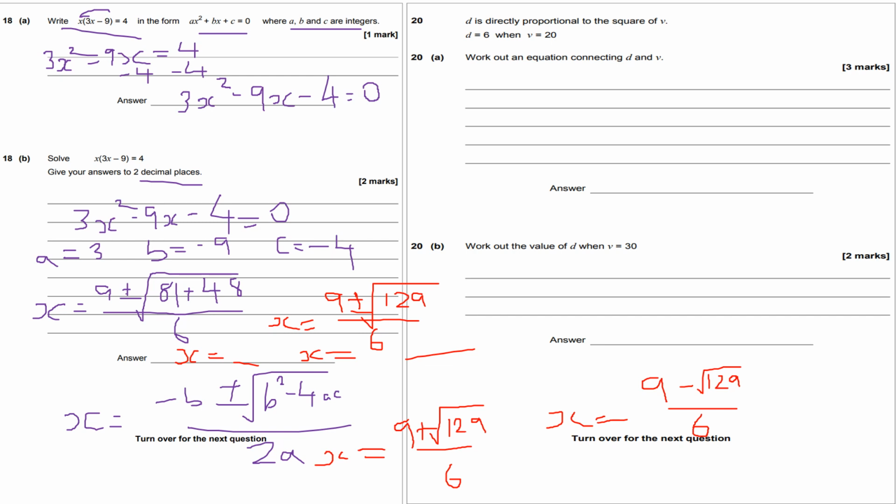So I've got 9 plus the square root of 129, and then divide it by 6. The first one, I get 3.39 to 2 decimal places, for the positive root.